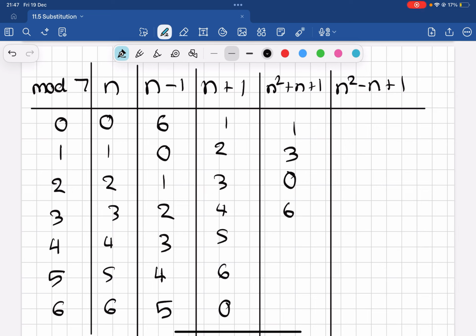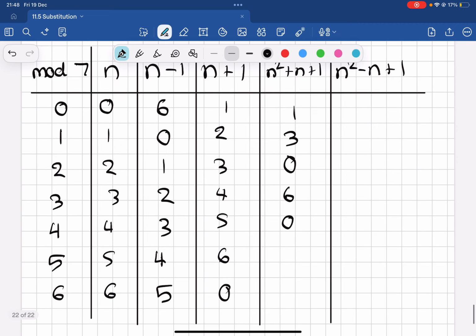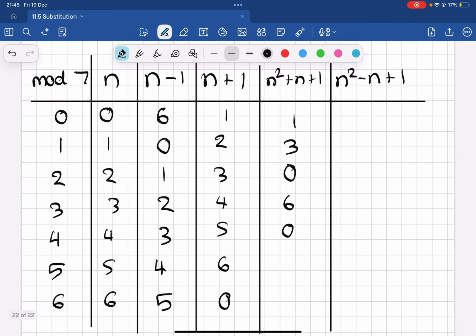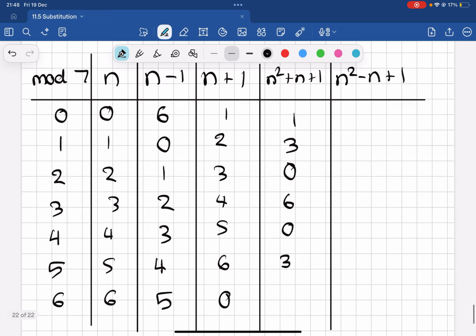And then we've got 4 squared plus 4 plus 1, which is 21, which is congruent to 0. 25 plus 5 plus 1 is 31, which is congruent to 3 mod 7. 6 squared plus 6 plus 1, 43, and then 1.